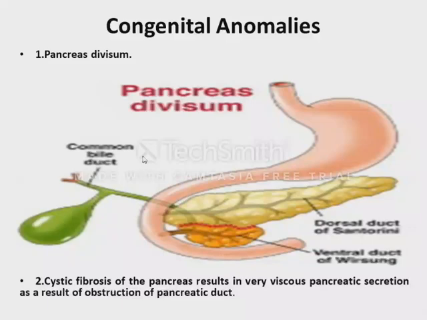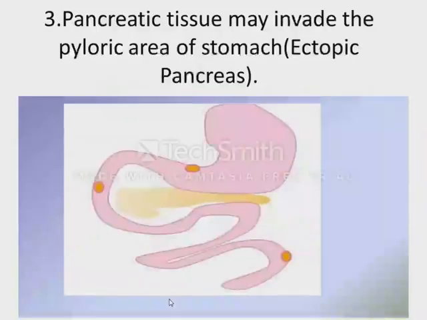What are the congenital anomalies of the pancreas? Number one, pancreas divisum. So there is a septum between the two pancreatic buds separating them. Also, cystic fibrosis of the pancreas results from a congenital malformation leading to the formation of very viscous pancreatic secretion as a result of obstruction of the pancreatic duct.